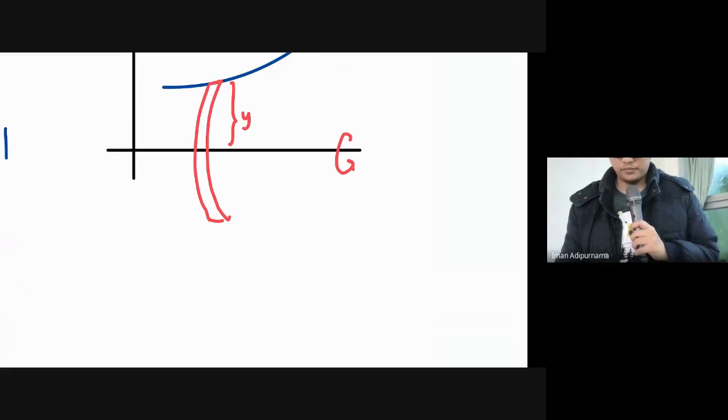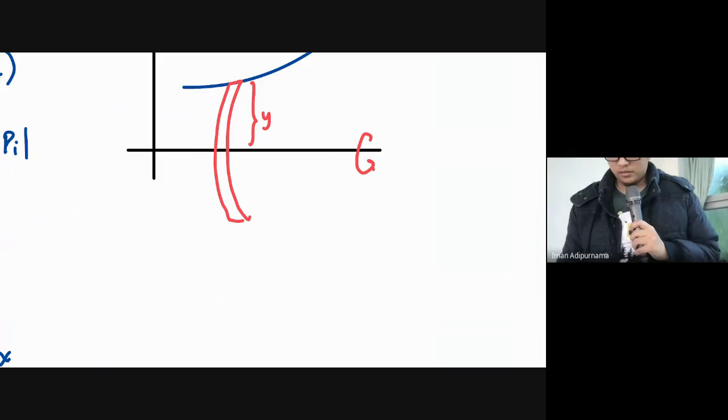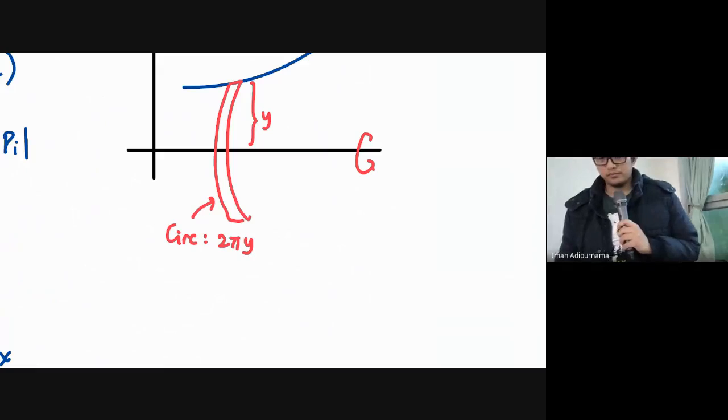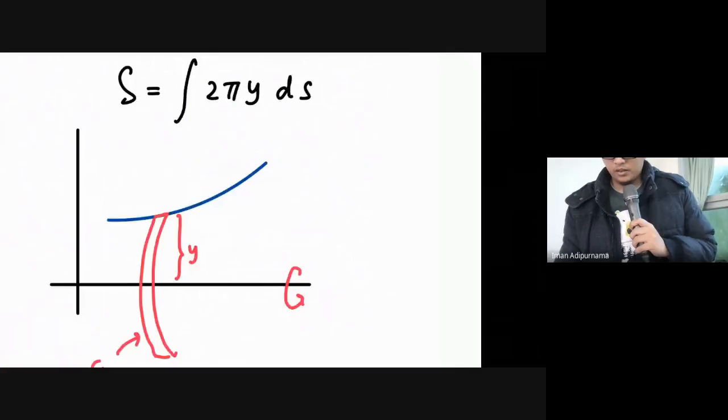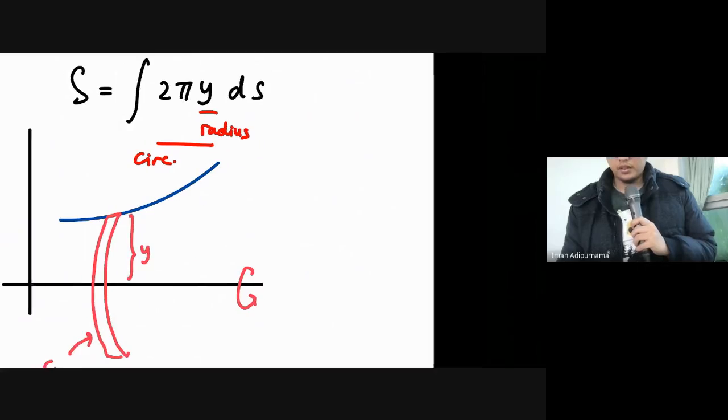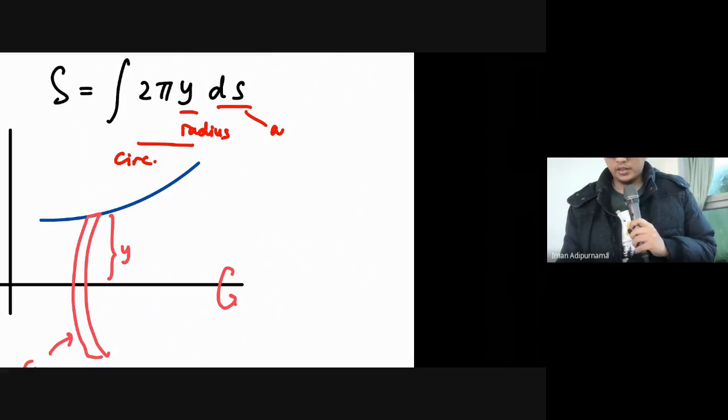This is y, and the circumference will be 2 pi y. So this will be the radius, and this is the circumference. And ds is the arc length.